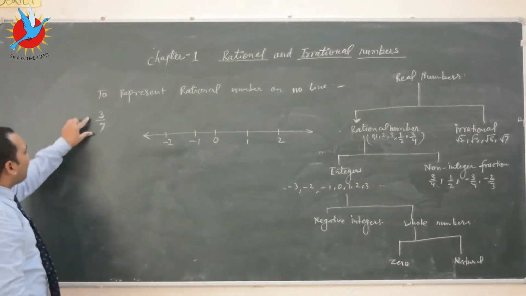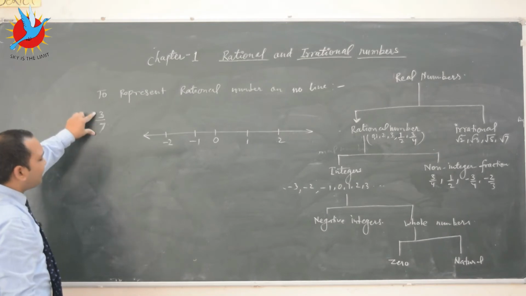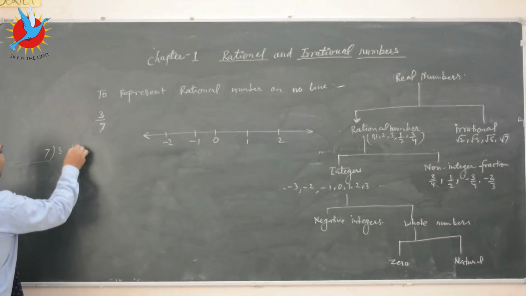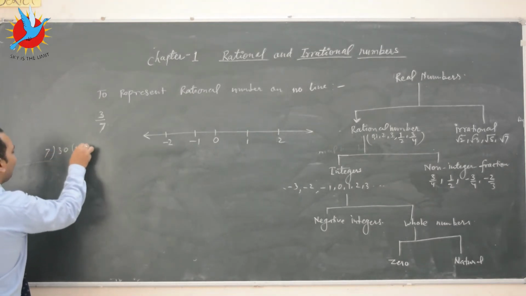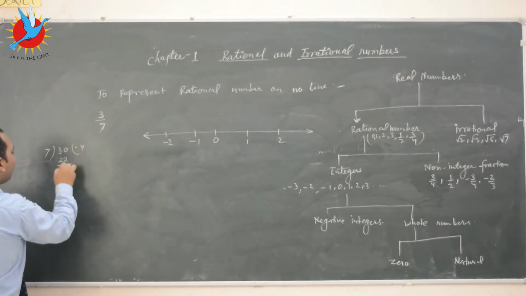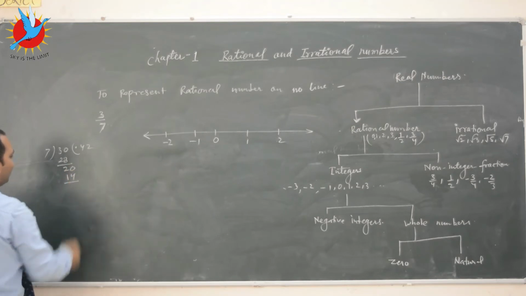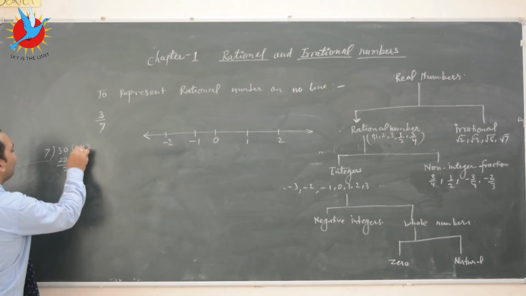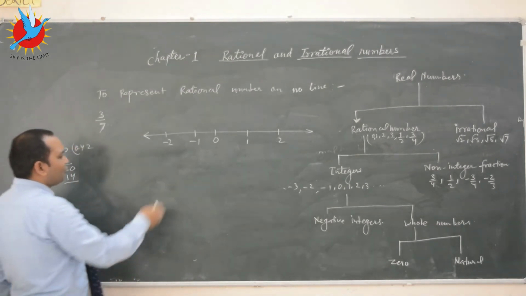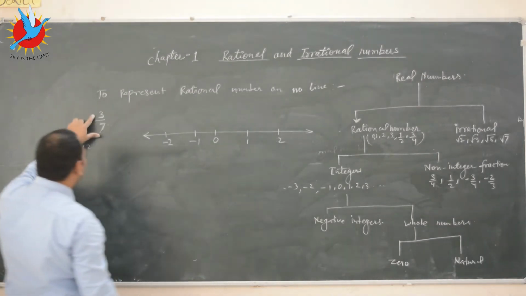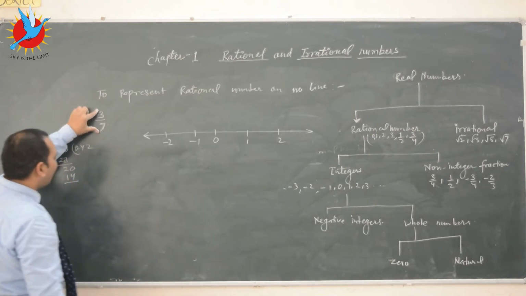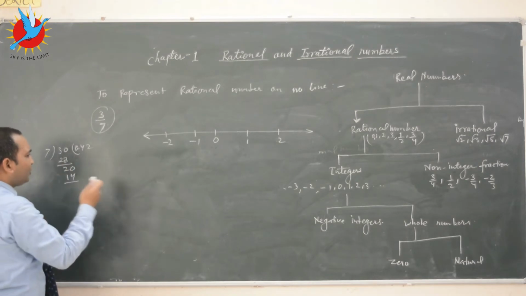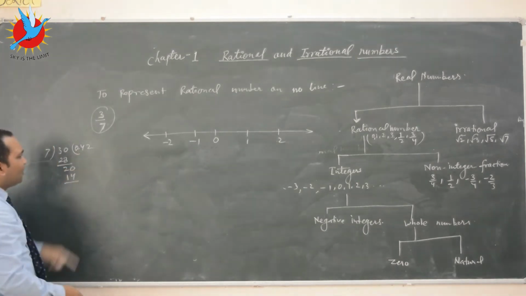First, we check between which two numbers 3/7 lies. 3 divided by 7: 30, 7 4s are 28, remainder 2, 20, 7 2s are 14. So it is 0.42 something, which means it is more than 0 but less than 1. So this rational number 3/7 lies between 0 and 1.